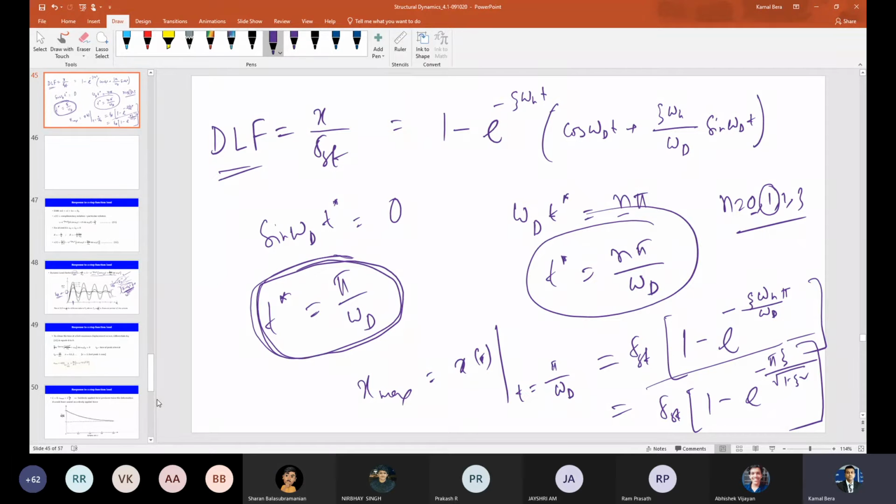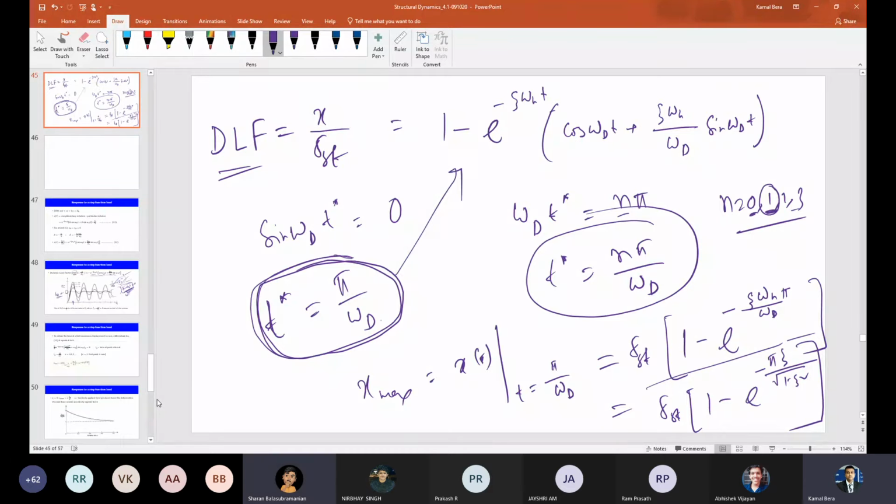You can double differentiate it and see where the minimum and maximum are coming, but you can just easily visualize that. For n equal to 1 there is the first maximum, the first peak that we are interested in. After that we are not interested because damping will always die it down. Or even if damping is not there, the peak will remain the same. So n equals to 1 we just take it, right? In that case t star is equal to pi by omega d.